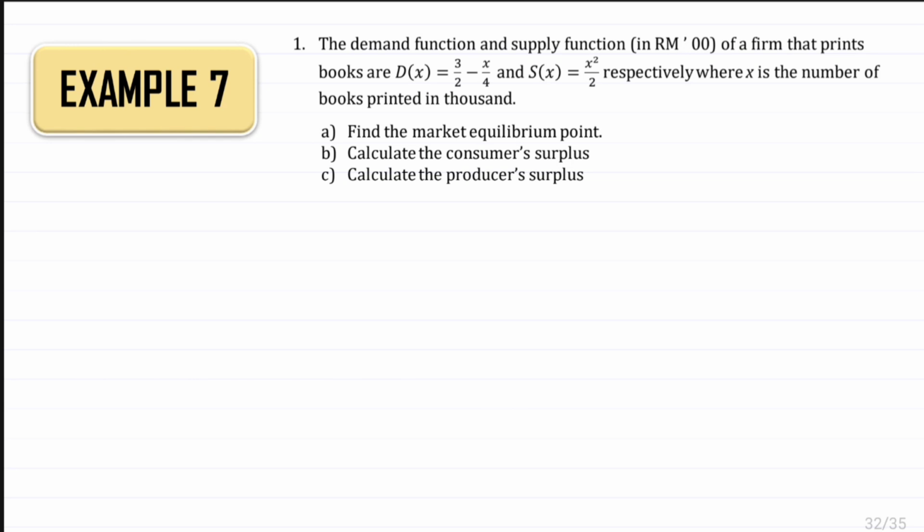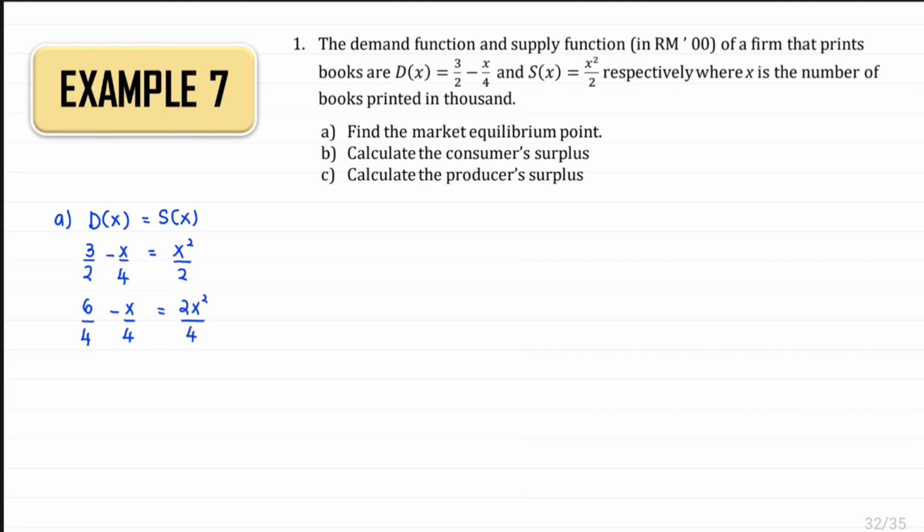To find the market equilibrium point, MEP, we just equate Dx with Sx. So Dx is 3 over 2 minus x over 4 equals x squared over 2. We make it the same denominator, so 6 over 4 minus x over 4 equals 2x squared over 4.